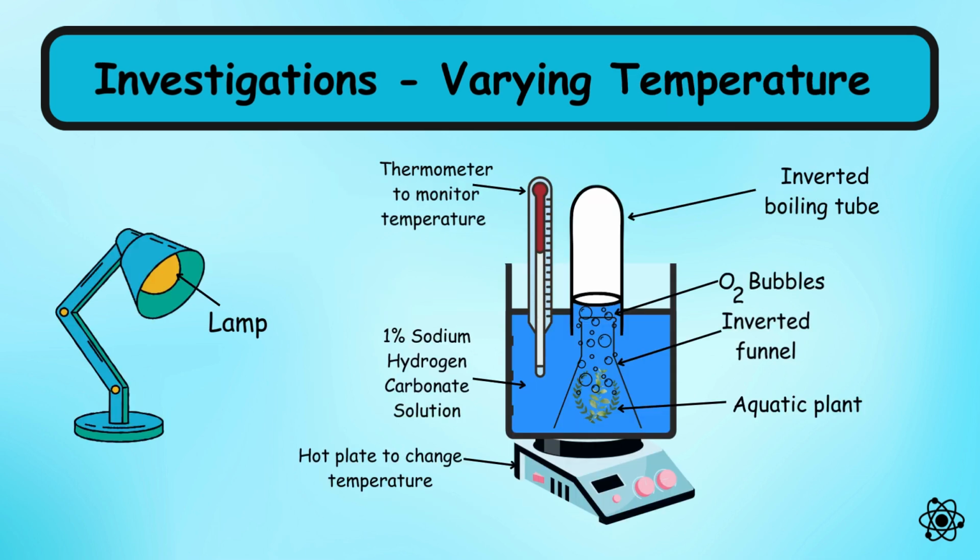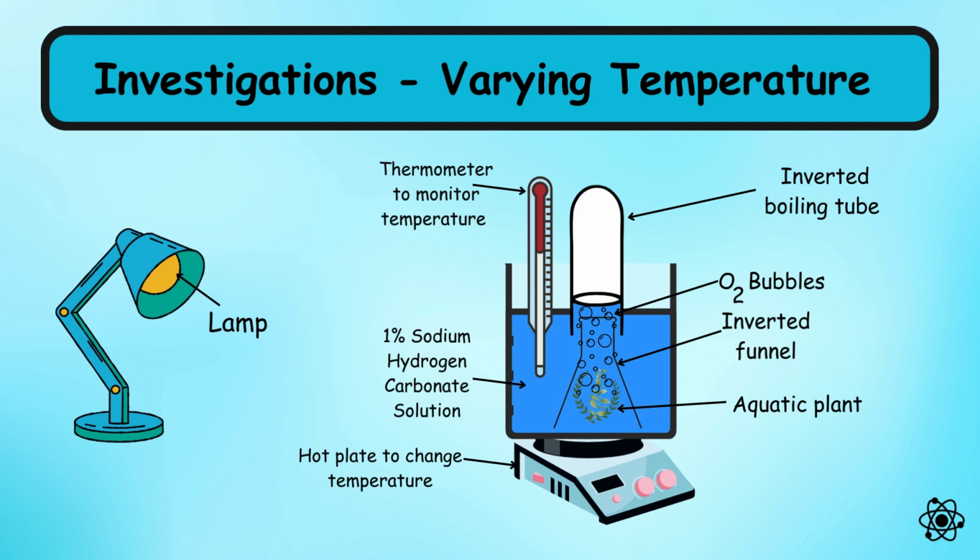Now, let's investigate the effect of changing temperature on the rate of photosynthesis. Once again, the experiment is set up similar to the previous one, where a photosynthesizing aquatic plant is placed in a beaker filled with sodium hydrogen carbonate solution. An inverted funnel is placed on the plant and an inverted boiling tube is placed on the end of the funnel.